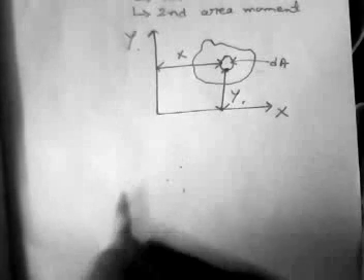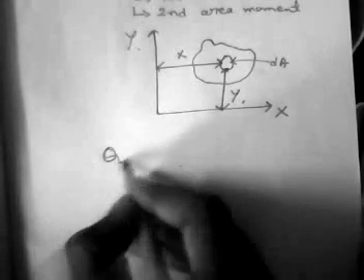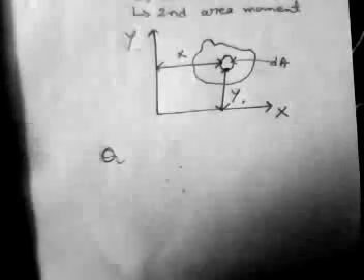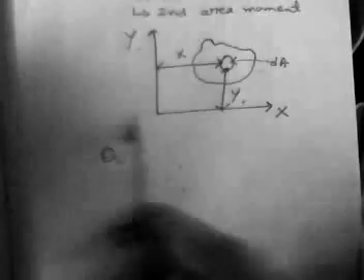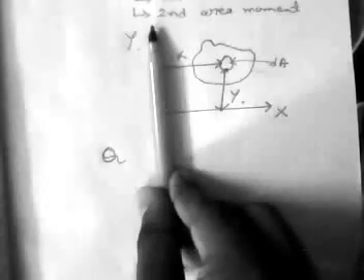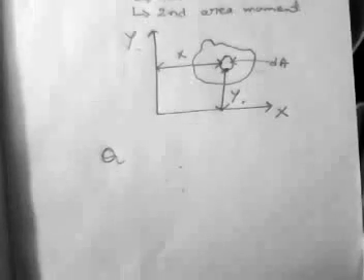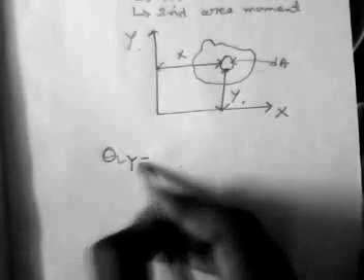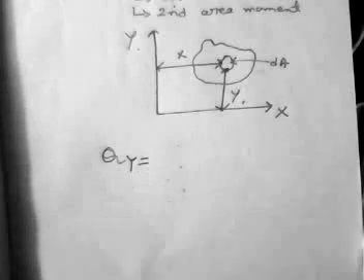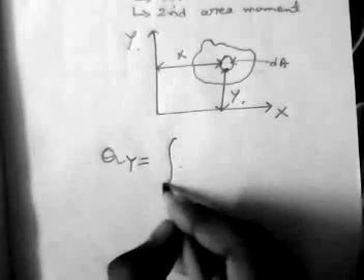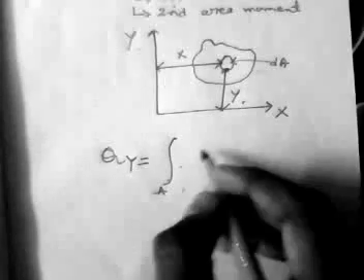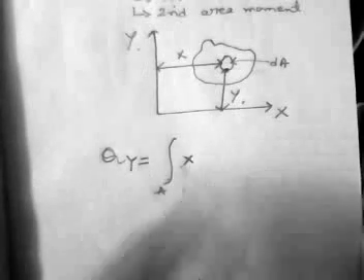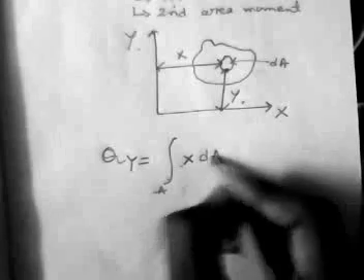Then how will we define the first area moment? It is denoted by Q, and this moment is always defined with respect to an axis, maybe the y-axis, maybe the x-axis. If we want to define the first area moment with respect to y, the definition will be the integration over the area of x dA.